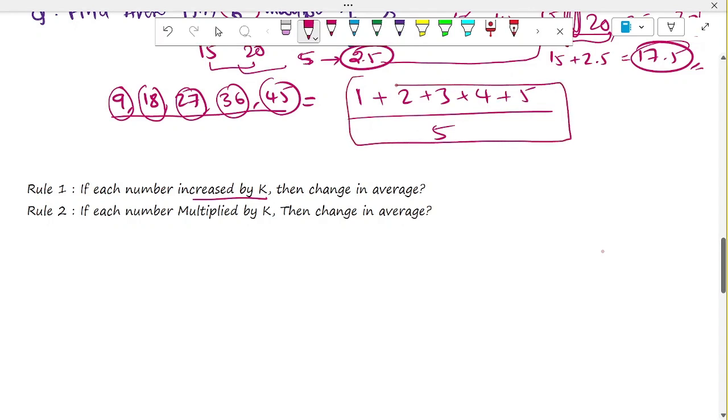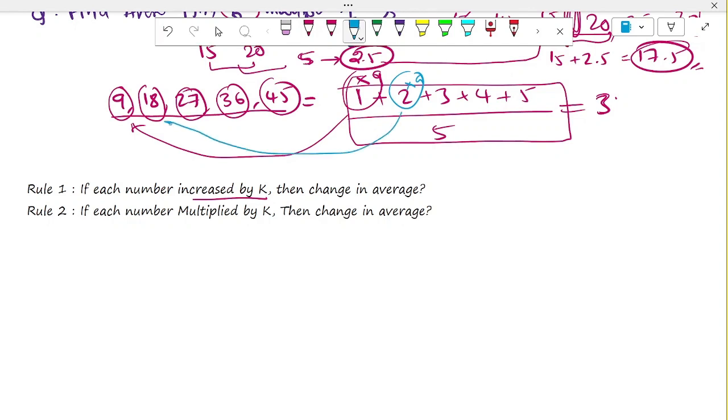So the average of this is what? It will be 3. And if you multiply each number by 9, you are going to get this one. 1 into 9, you have got this one. 2 into 9, you have got this one. 3 into 9, you have got this one. Means each number is multiplied by 9 and you are getting this series. But without multiplying, if you find the average, you are getting 3.